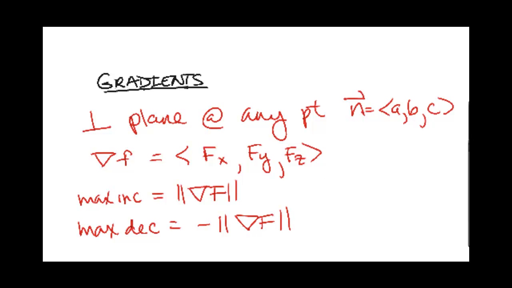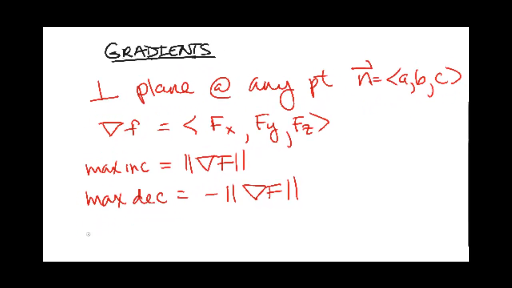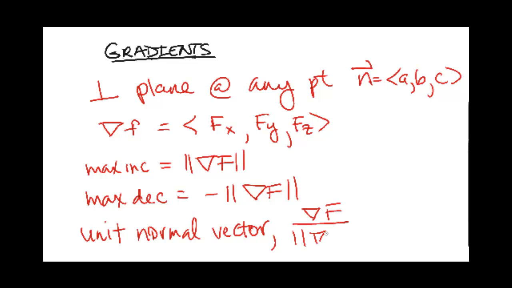You can also be asked for a unit normal vector given the equation of a plane. And that's just going to be the gradient over the magnitude of the gradient.